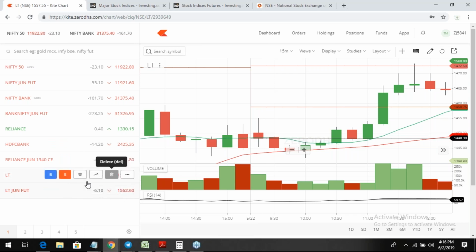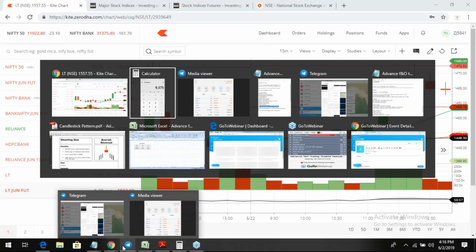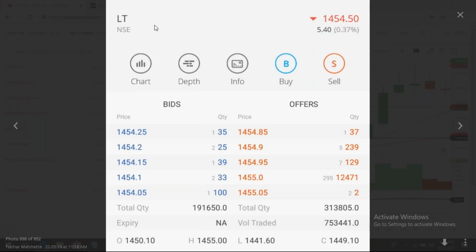How many of you think how much quantity FIs have in their portfolio? For example, I am an FI, a mutual fund person, with L&T. How much quantity do you think I must have?